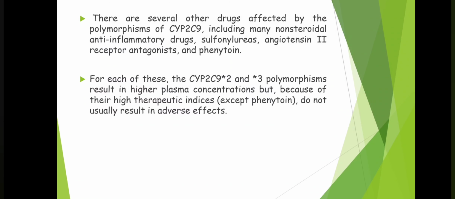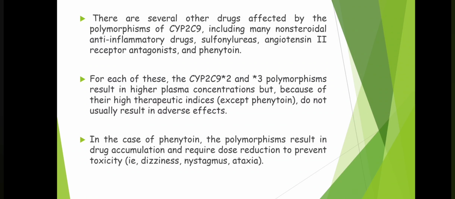For each of these, the CYP2C9*2 and *3 polymorphisms result in higher plasma concentrations, but because of their high therapeutic indices, except phenytoin, they do not usually result in adverse effects. In the case of phenytoin, the polymorphisms result in drug accumulation and require dose reduction to prevent toxicities like dizziness, nystagmus, and ataxia.